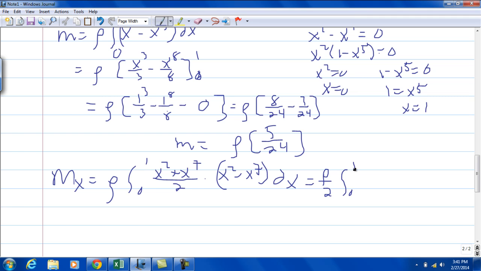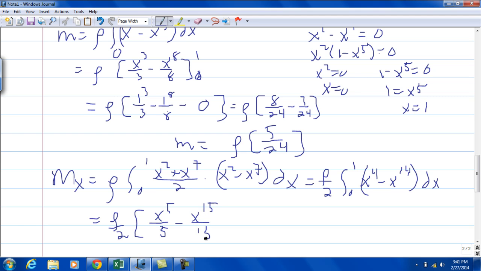So then we have basically an a plus b times a minus b, so that's going to be a squared minus b squared, or x to the 4th minus x to the 14th dx. So we have rho over 2 times what? x to the 5th over 5 minus x to the 15th over 15 from 0 to 1.